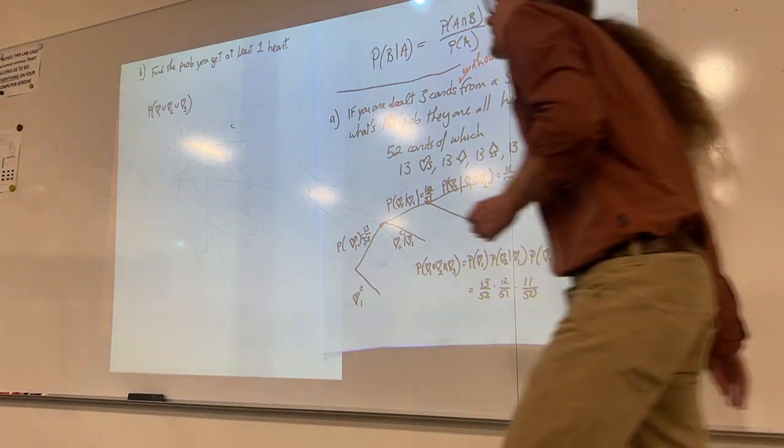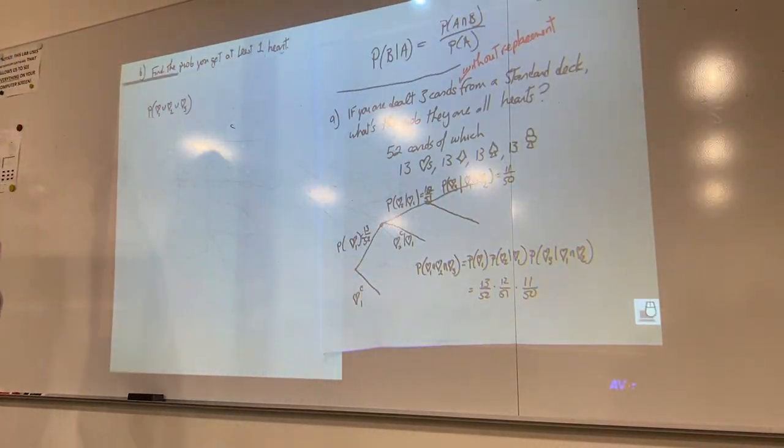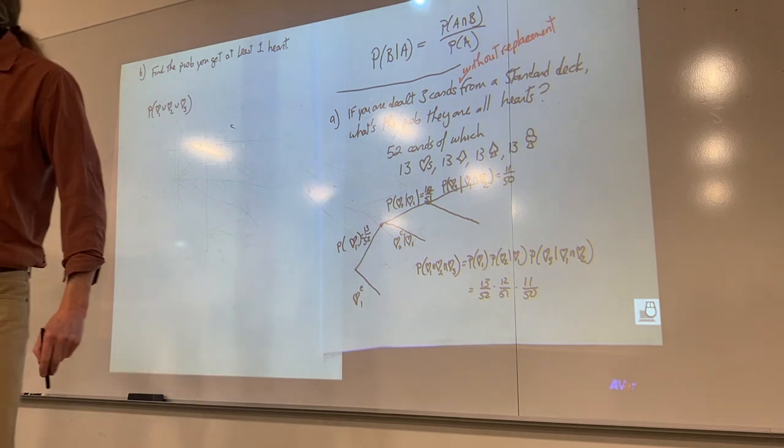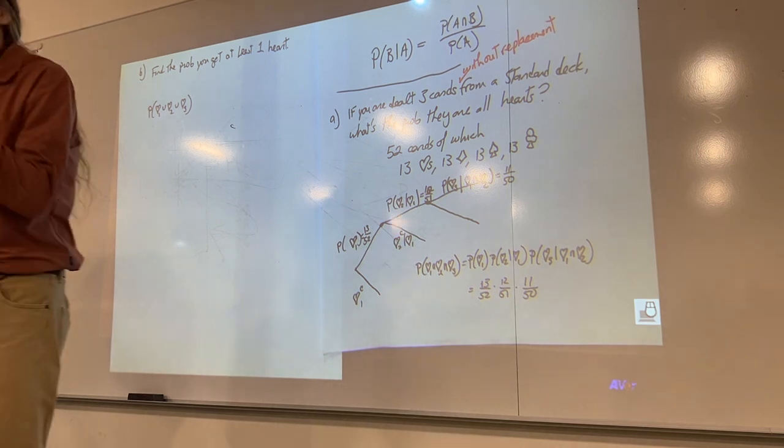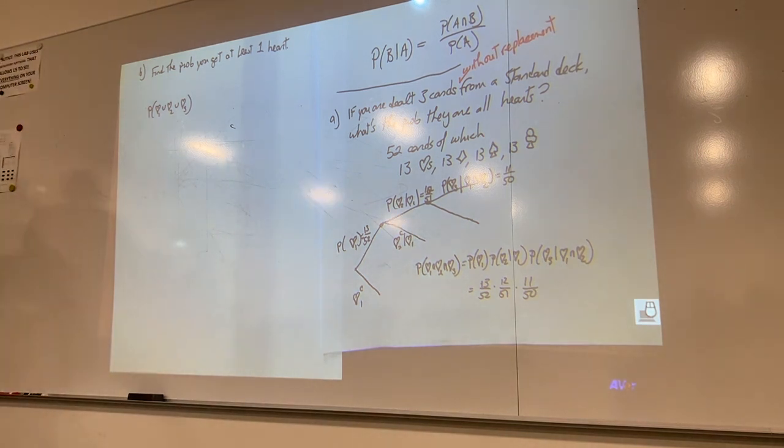And because it's with replacement, all 3 events are not equally likely, right? They don't just add. You've got to be super careful, because now you're getting into disjoint cases, and that can be a little tricky.